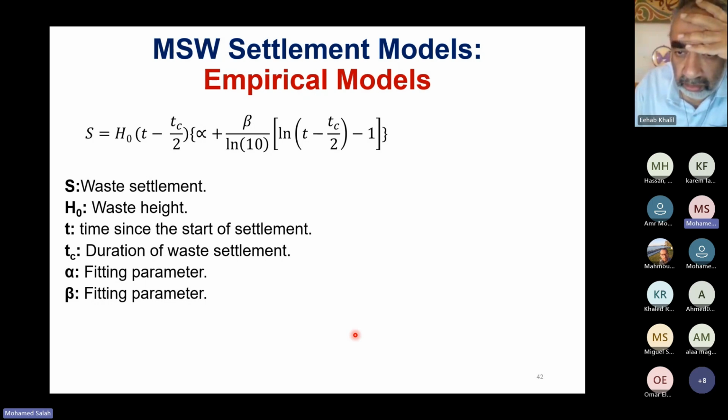But the idea is that they are determined for specific landfills, for a specific waste condition, ambient temperature, and pH value for the waste. Yet it's very useful if we are going to use these equations for a preliminary design of a landfill in a similar city or with similar conditions.